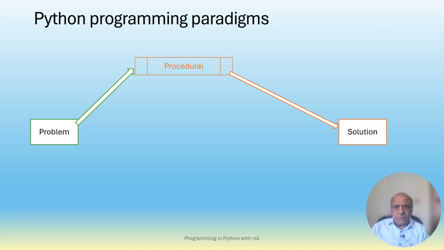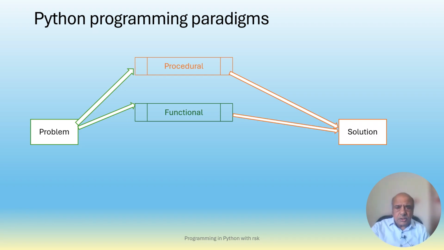Procedural programming gives us a solution. Python provides for procedural programming. It also provides for functional programming. What is functional programming? It is built with a lot of functions in the main program, and those functions are defined somewhere else.